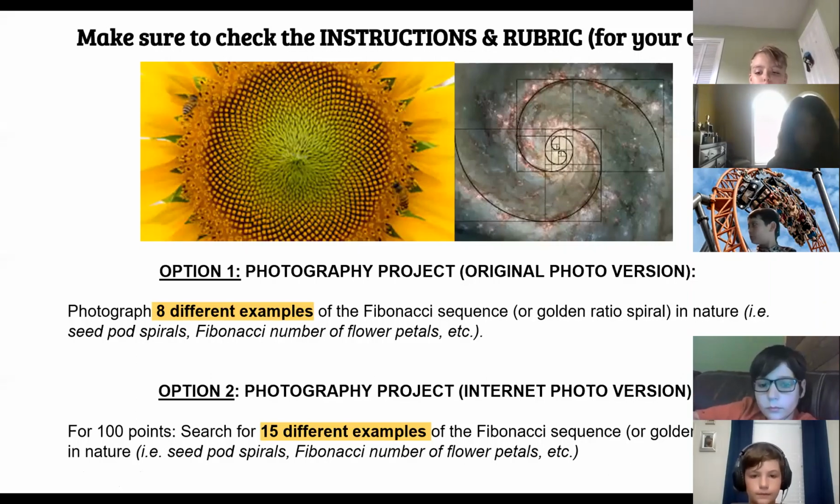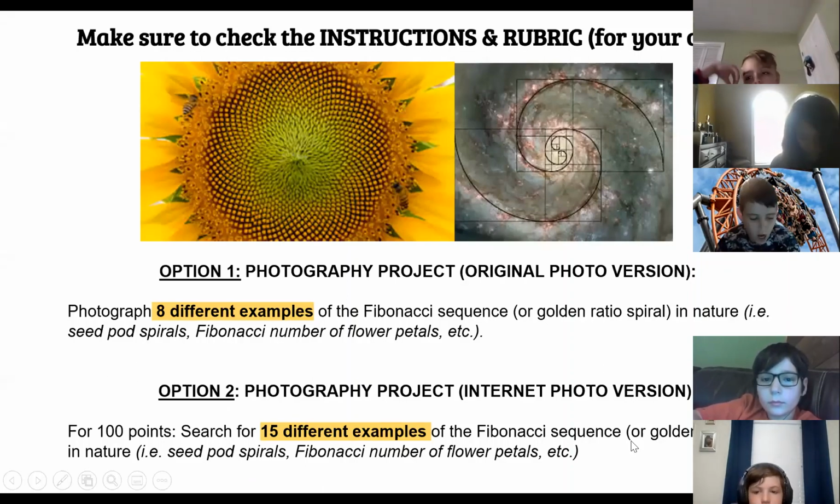You can totally add more graphics and photos, but in option 1 you need 8 explained examples, and in option 2 you need 15 explained examples. You could jazz it up with different graphics that aren't explained, just like I did here.